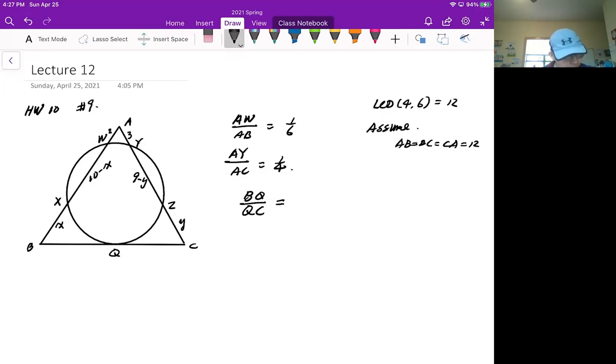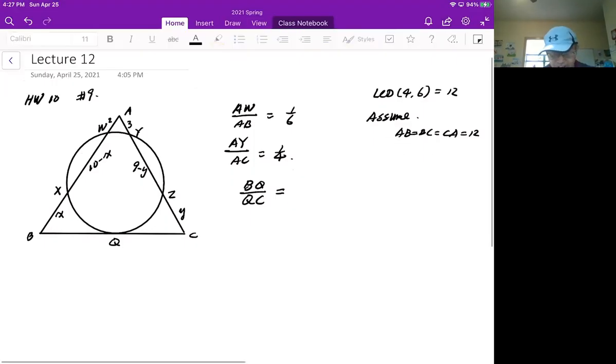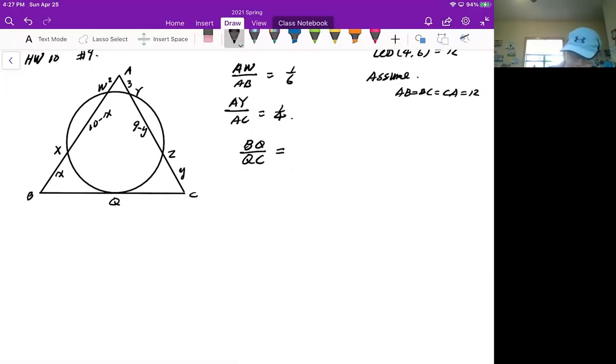Okay, now we are going to use the power of a point. So let's take a look. If I take a look at the power of the point A, that means I'm going to have 2 times what? 2 times AX.